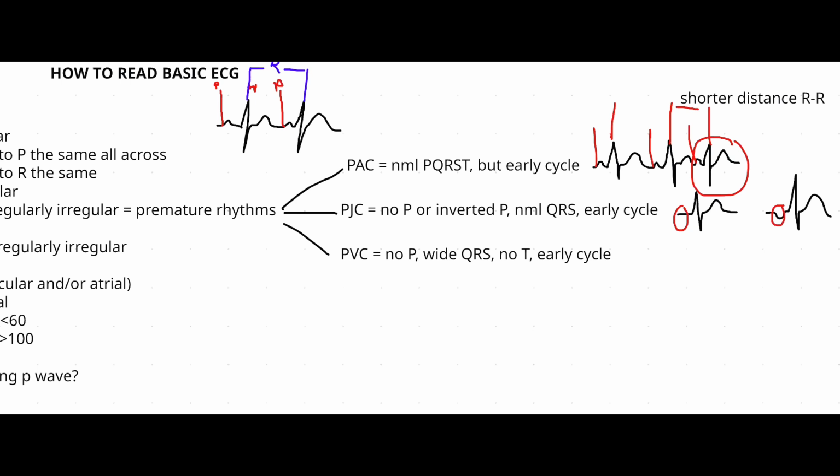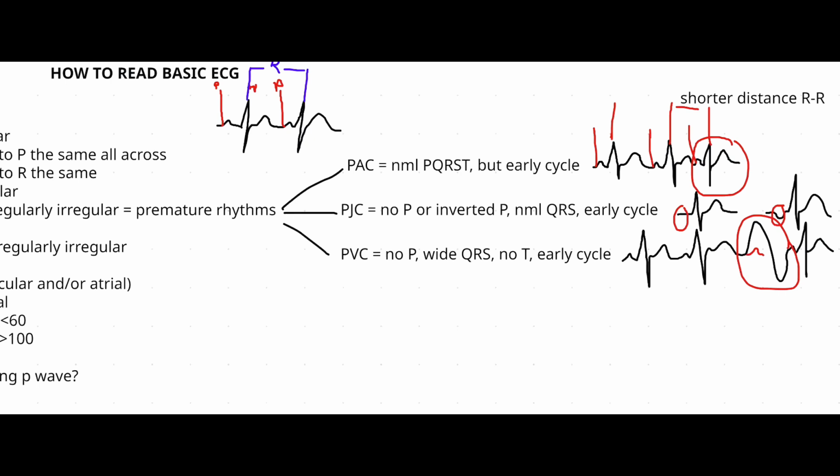So PVC, you have a normal cycle, and then all of a sudden you see this huge thing here, and then back to the normal cycle. Okay, so wide QRS, and because the QRS is so wide, the P wave is probably somewhere under there. You just can't see it, because all you're seeing is this very wide QRS.